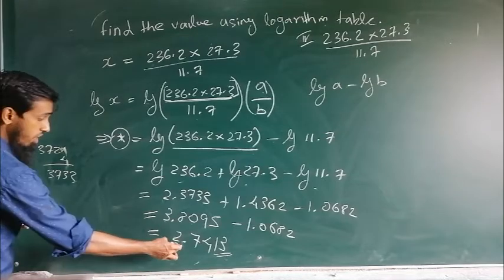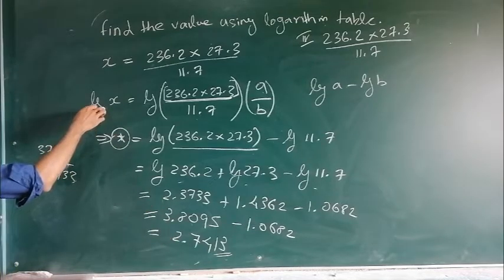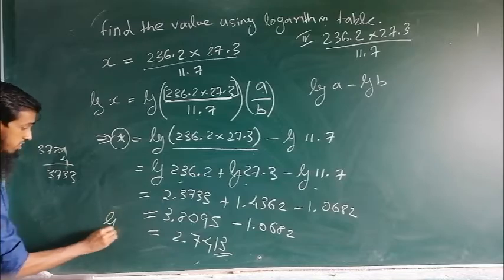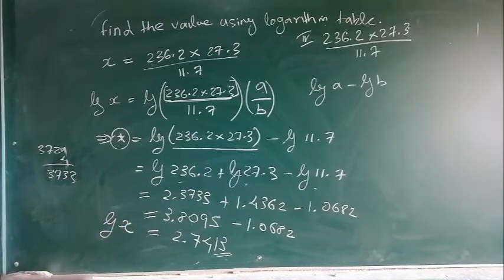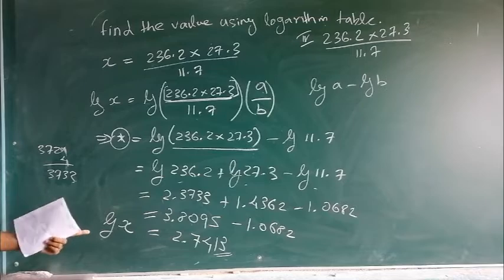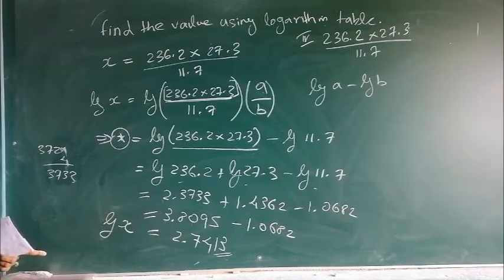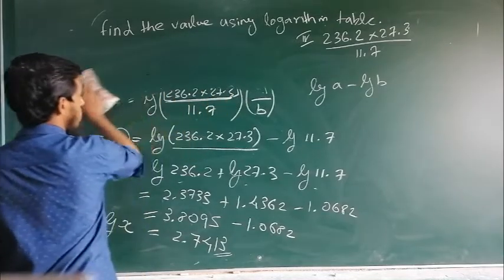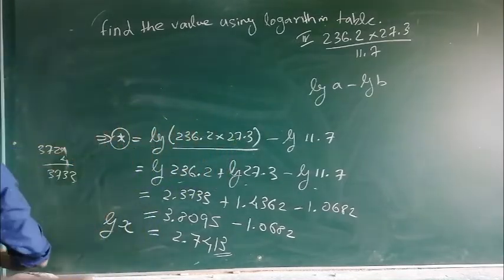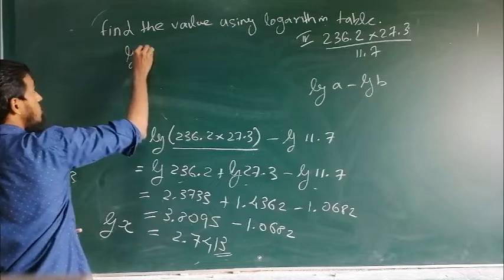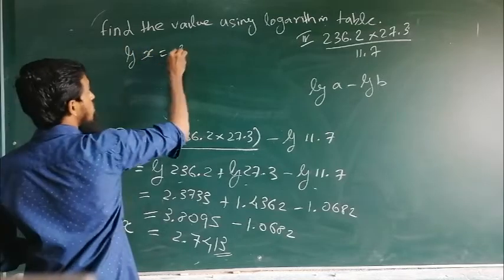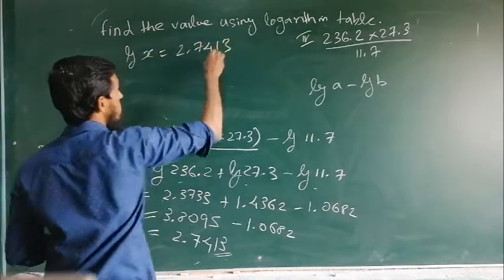On that end part, we need to write the right hand side. So LG X. If you need the value of x, you need to find the anti-logarithm. So LG X equals 2.7413.